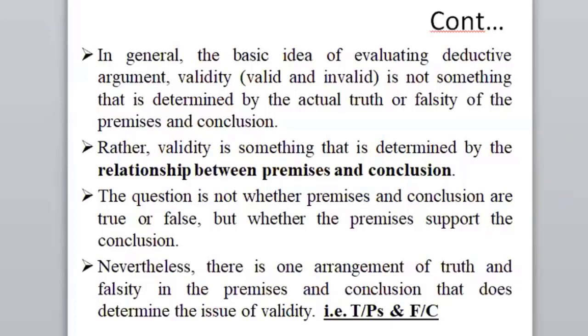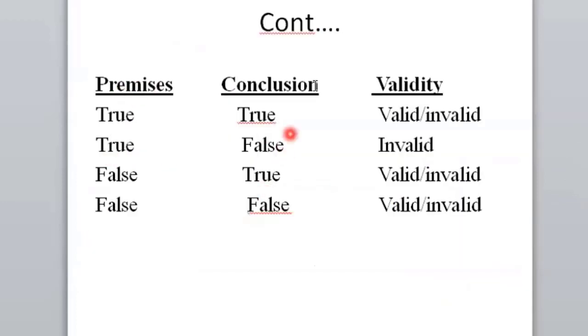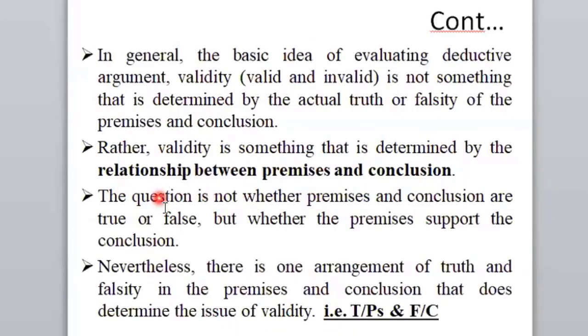That is why, in these three possibilities, we say it might be valid or invalid. So the question is not whether the premises and the conclusion are true, but whether the premises support the conclusion or not. When the premises support the conclusion, we can say that it's valid.